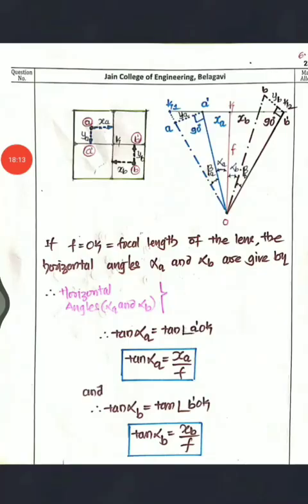To get this beta A, you are supposed to take the triangle A dash OA. Similarly, to get this beta B, which triangle are you supposed to take? You are supposed to take the triangle B dash OB.